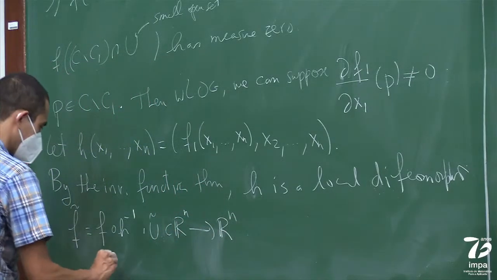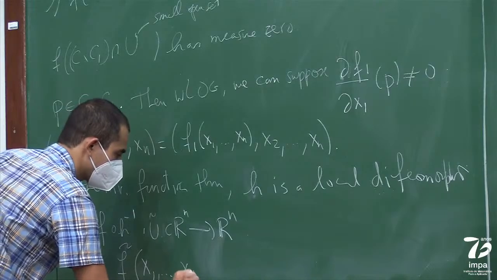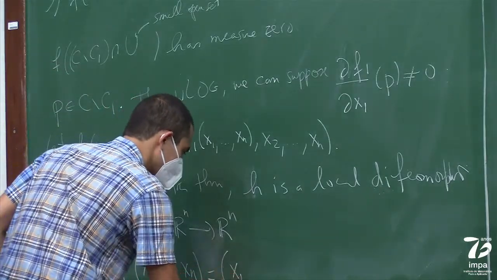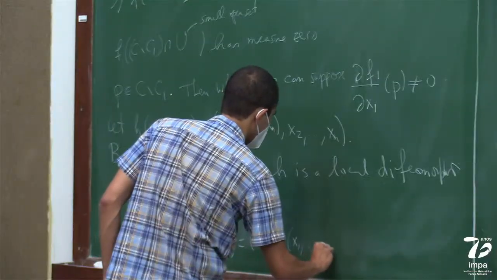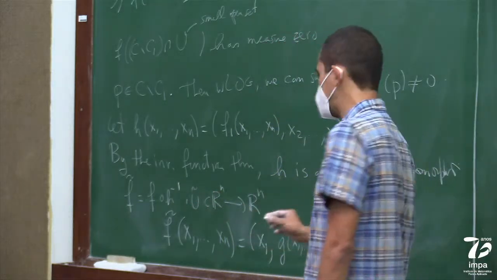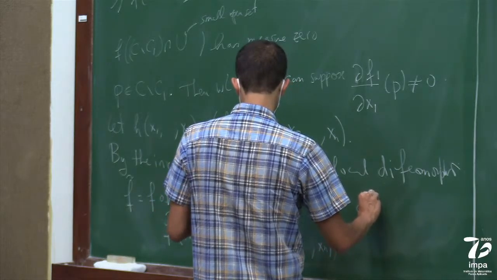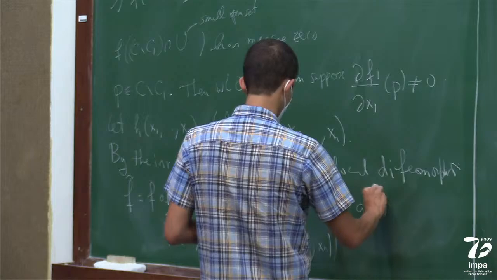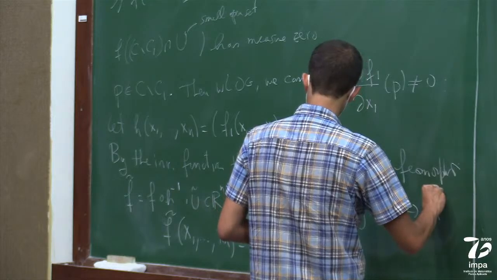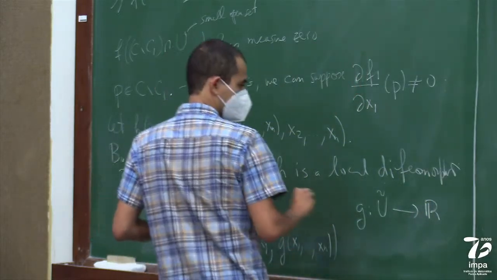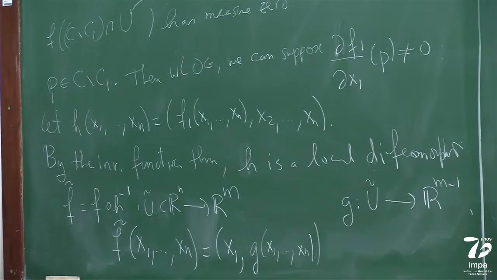And because of how I defined H, I'm going to have the property that F tilde of x1 through xn is equal to x1 and then some other function, which I'm going to call g of x1 through xn, where g is a function from U tilde into R^(m minus 1). Yeah, that's right.